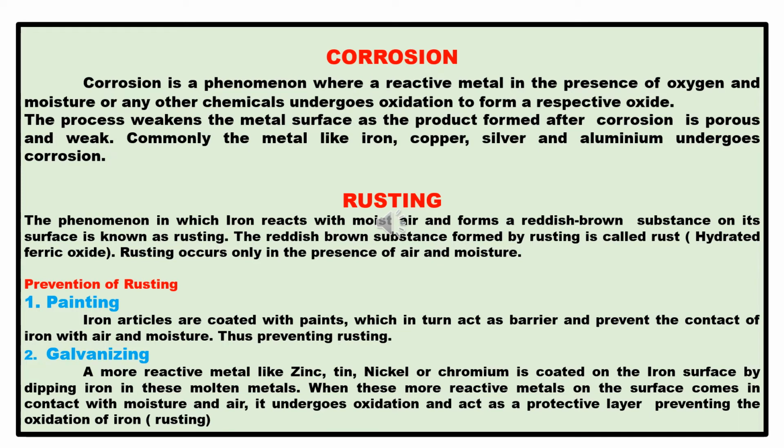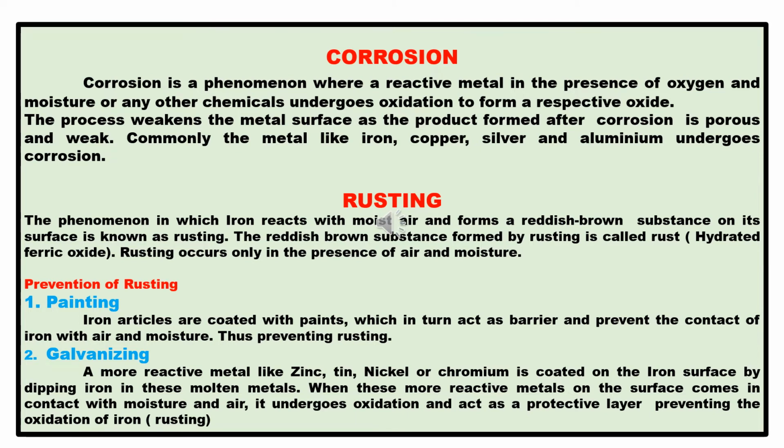But out of that, some of the properties we have learned are more harmful to us than useful. And these properties we are going to learn now. So they are corrosion and rusting. So which are those properties? Those properties are corrosion and rusting.